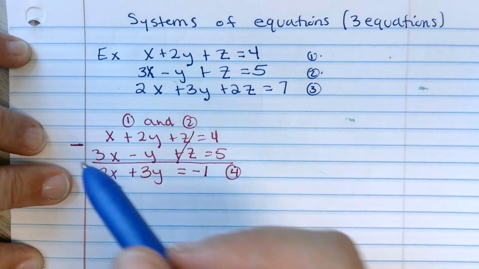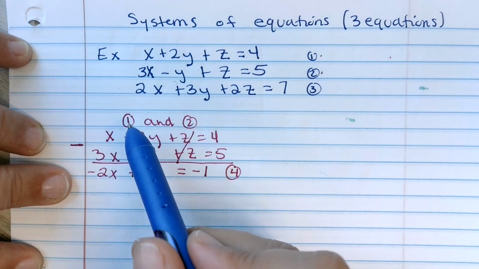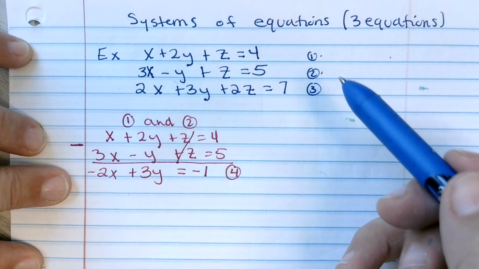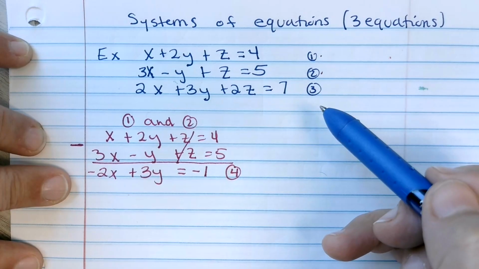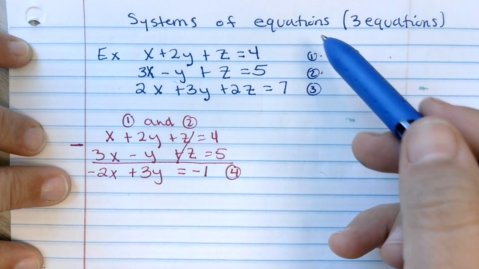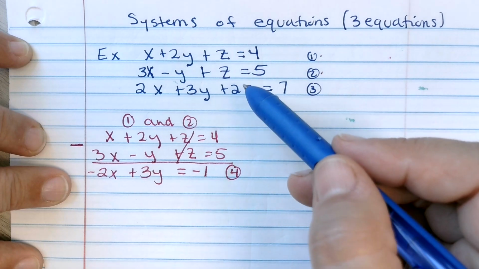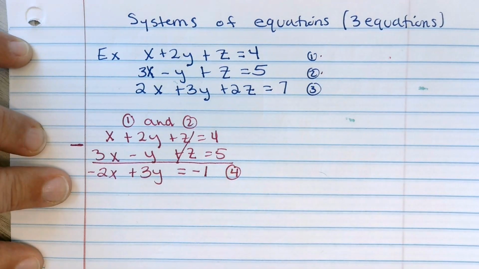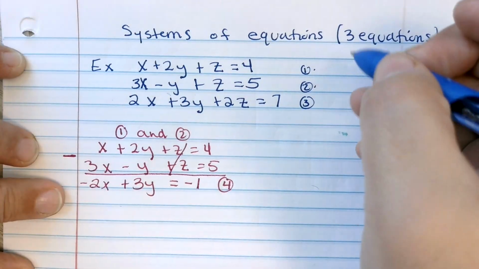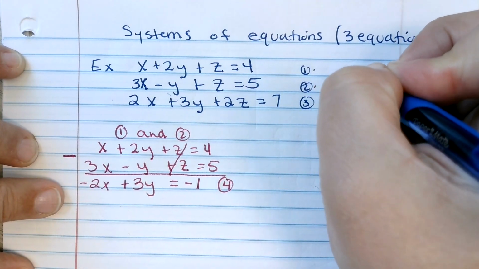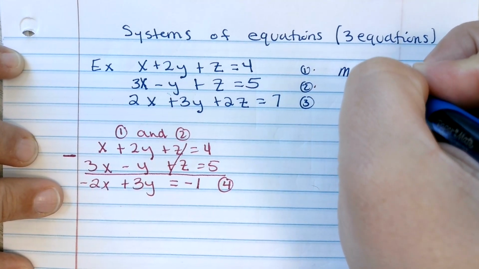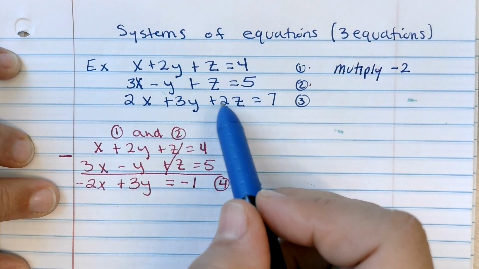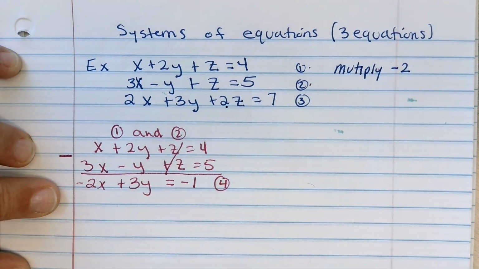Next, I'm going to match two different equations. So I originally matched 1 and 2. Now I need to match either 1 and 3 or 2 and 3, and it does not matter which one you match up. But in order to use equation 3, we need to multiply one of them by a -2. So I'm going to take equation 1 and multiply it by -2 so that it matches this 2 and I can add them and eliminate them.